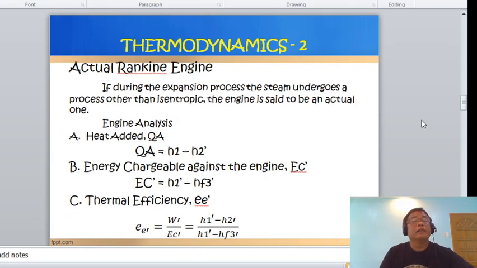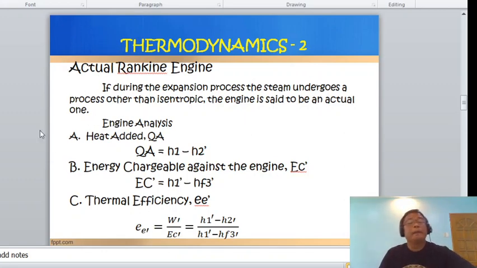Another, here we have the actual Rankine engine. If during the expansion process the steam undergoes a process other than isentropic, the engine is said to be an actual one. Again, for the heat added, Q equals h sub 1 minus h sub 2 prime. Take note, class, we are only considering the engine, either a steam engine or the steam turbine.